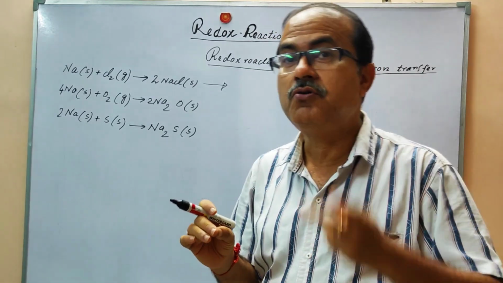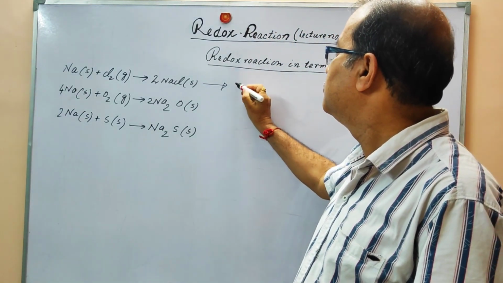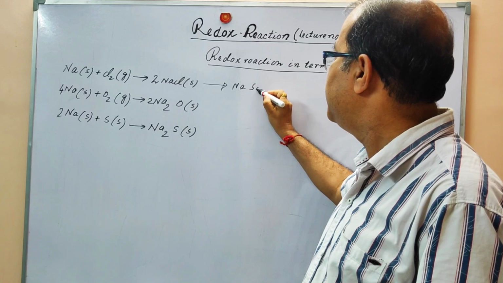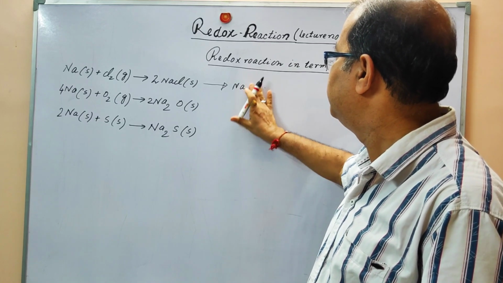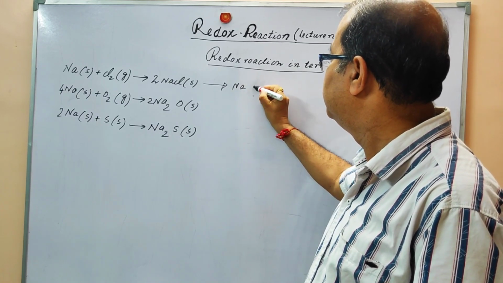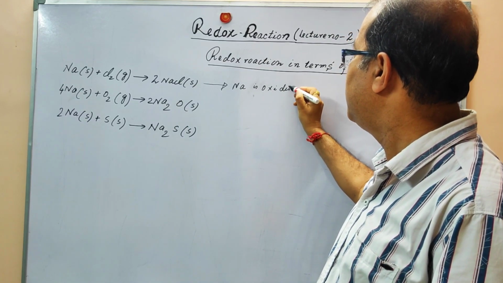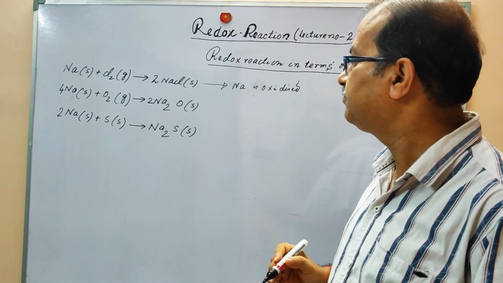The substance is oxidized. So here sodium is oxidized. We can write Na is oxidized on account of the addition of chlorine.